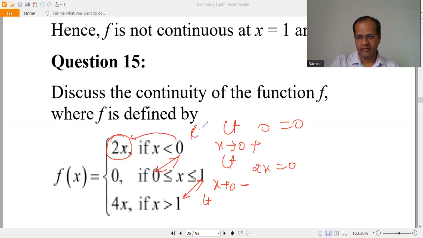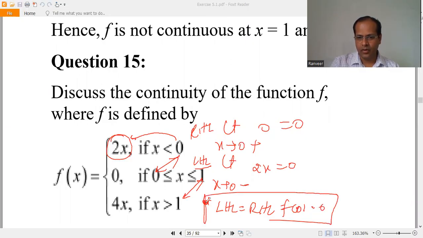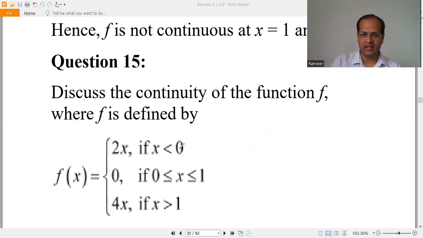This is the RHL and this is the LHL, both are the same, so LHL equal to RHL equal to f of 0, which is 0. So this function is continuous at the point 0.